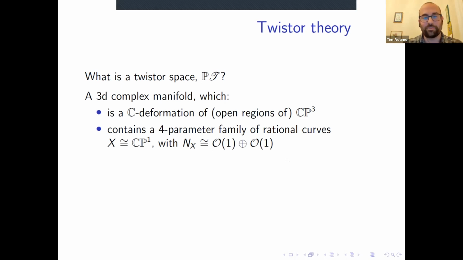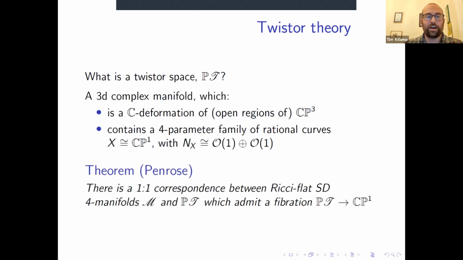This is a technical condition to ensure compatibility with, if you like, the flat space limit of twistor theory. And there's a theorem, sometimes called the nonlinear graviton theorem, which goes back to Penrose, which tells us that there's a one-to-one correspondence between these twistor spaces and Ricci-flat self-dual 4-manifolds. And the Ricci-flat condition also means that the twistor space admits a fibration over the Riemann sphere.